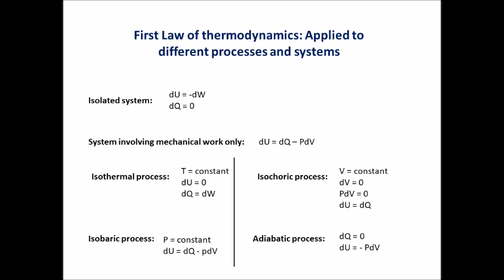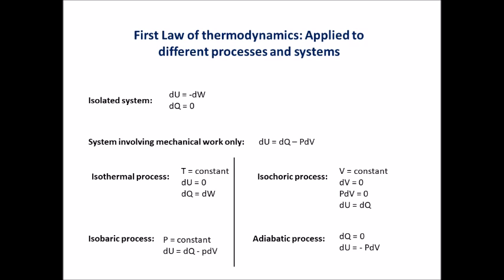Now comes the isothermal process. In the isothermal process, temperature is constant, so there will be no variation in temperature. If temperature is constant, then there is no variation in internal energy, that is dU is equal to 0. Temperature is not equal to 0 here, it is just a constant. dU is equal to 0 and dQ is obviously then dW.